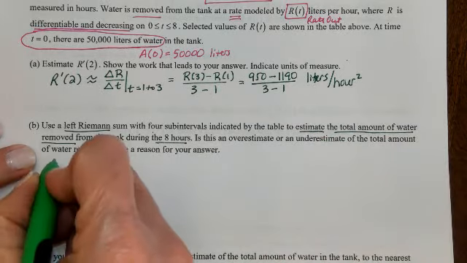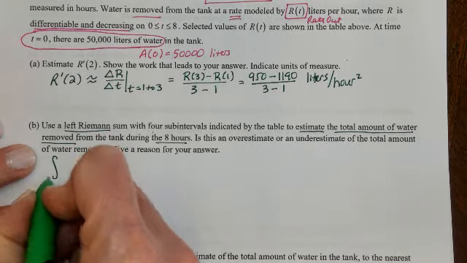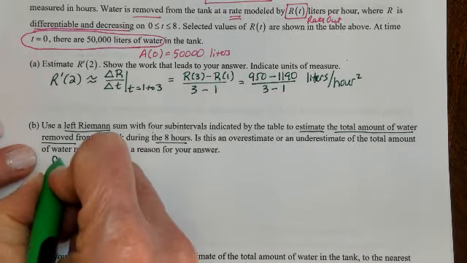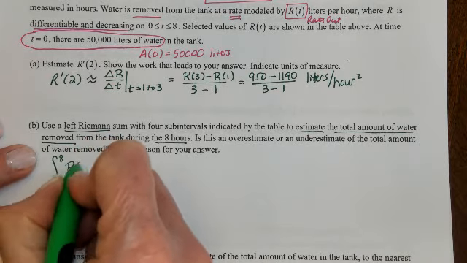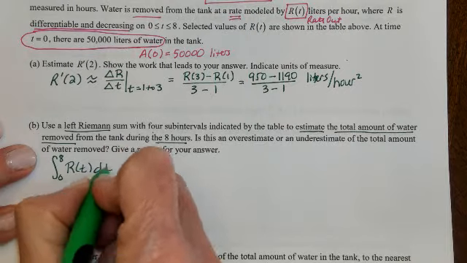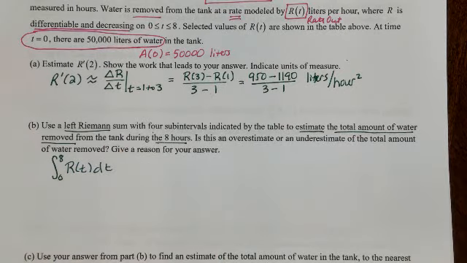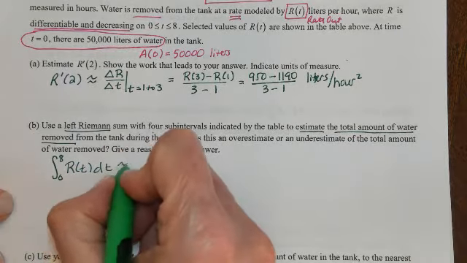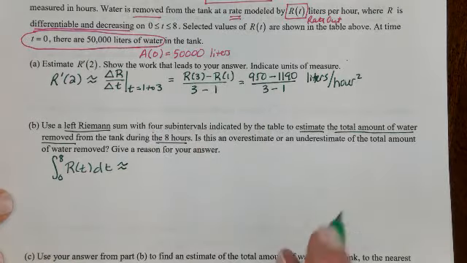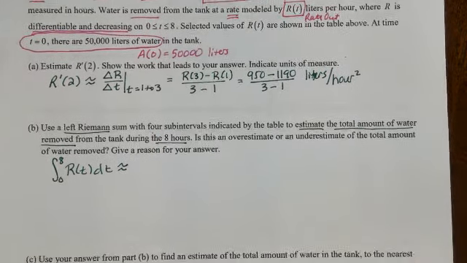So the total amount removed will be the integral from 0 to 8 of R of t. And we can approximate that with just a left Riemann sum. So let's come up and do a left Riemann sum.